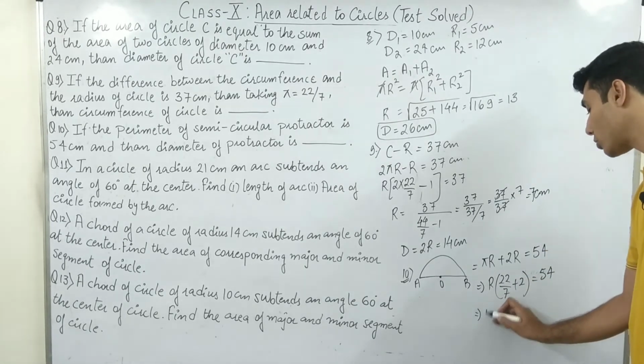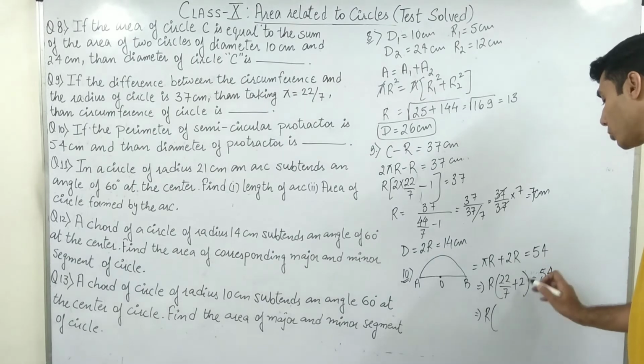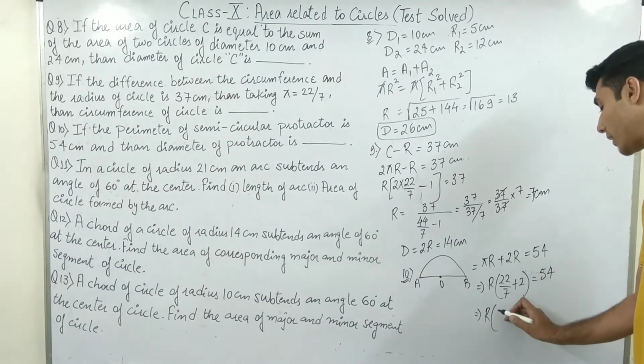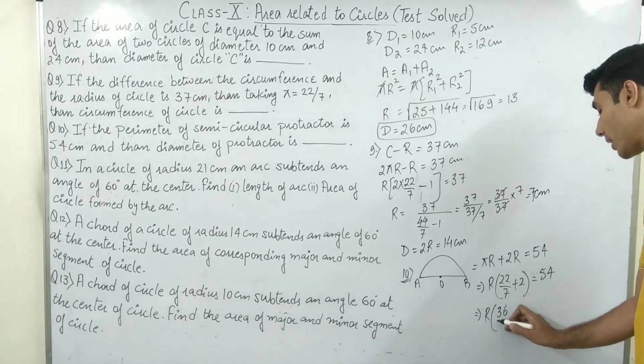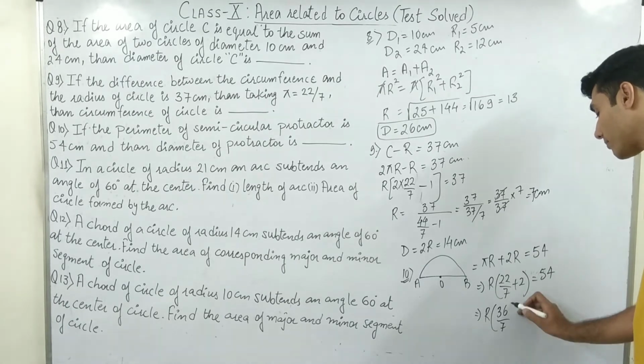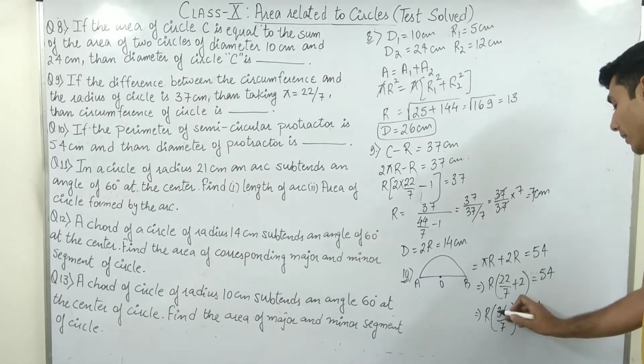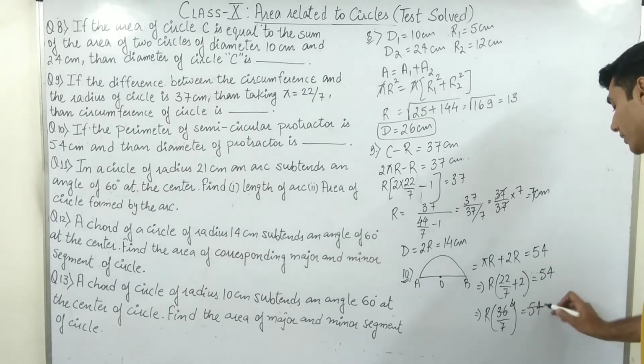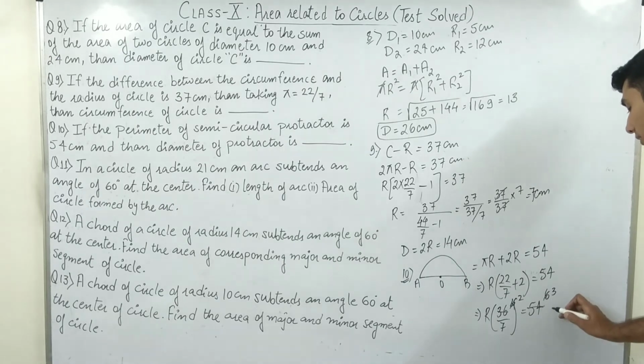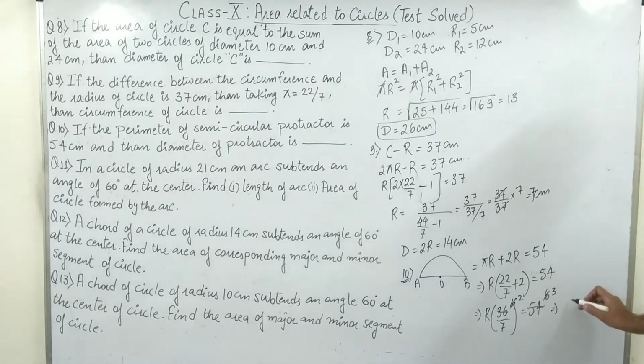So this is going to be r bracket 22 plus 14. 22 plus 14 will come out as 36. I took the LCM, upon 7 should be equal to 54. Let's cut this. 9 4s are 36. 9 6s are 54. 2 2s are 4. 2 3s are 6. So the answer is 21 by 2.